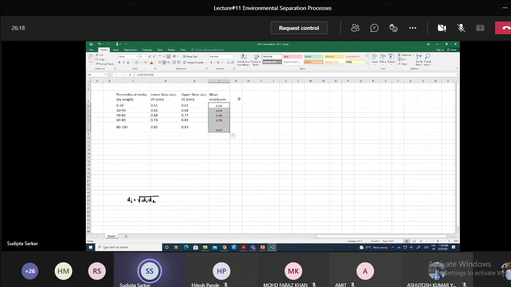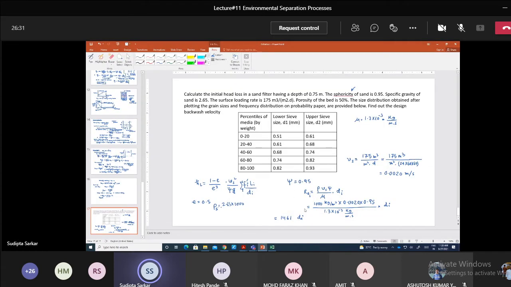Now let us calculate from every D. We will calculate RE, right? And we have calculated that REi equals 1461 into Di, where Di is in millimeter. We also have to convert the Di value into meter, because all we are doing is in meter.